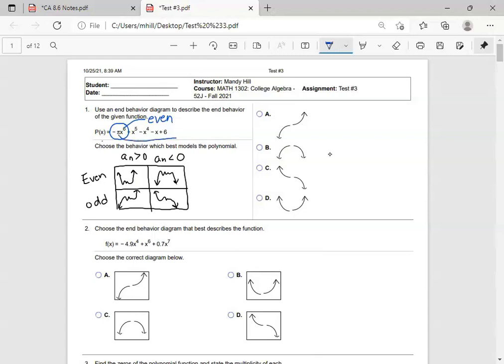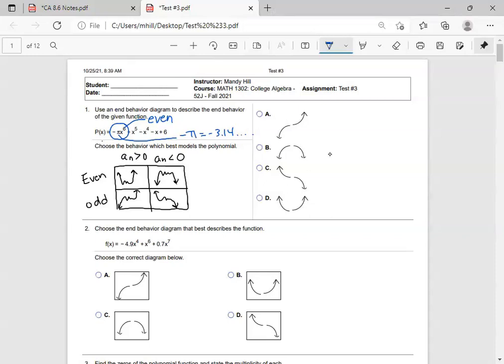This negative pi, remember pi is just 3.14 and a decimal that keeps going forever. But that's all that pi is. And you're trying to figure out, is that number positive or negative? It's negative, right? So we're looking for something that is even and negative.